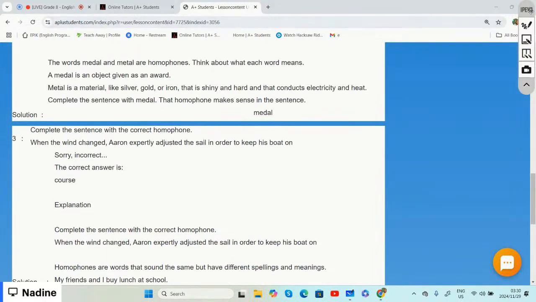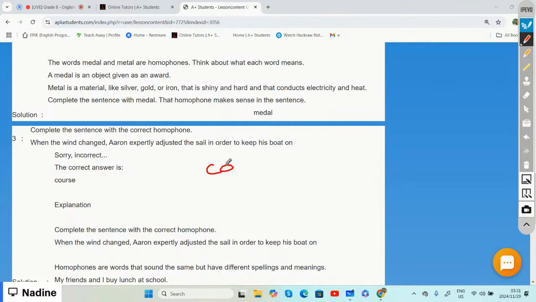And the last one before we go to our test, it says when the wind changed, Aaron expertly adjusted the sail in order to keep his boat on course. Do we say on coarse or on course?